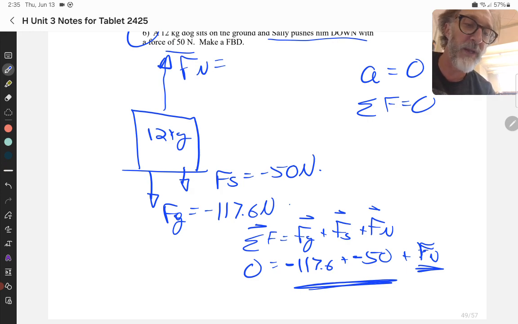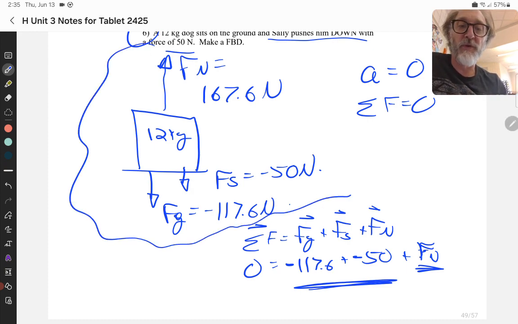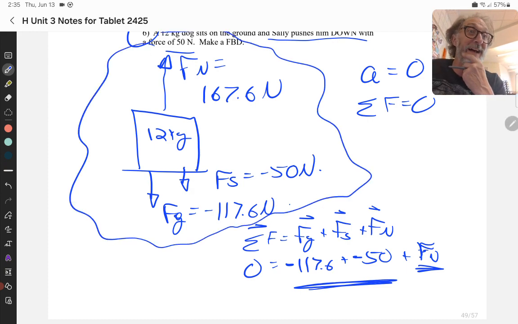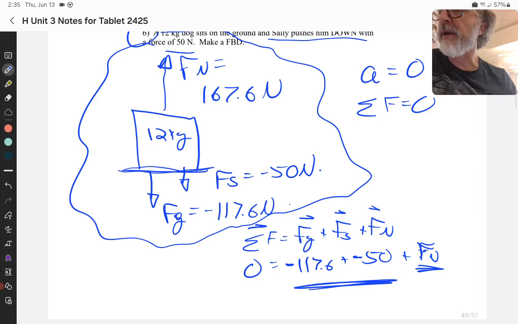So it looks like you're going to get 167.6 newtons. So your normal force does not always have to exactly equal your gravity. What the normal force is doing is providing exactly enough force to prevent the object, in this case the dog, from moving through the surface. Cool. There's another normal force example here in a minute, so we will get there.